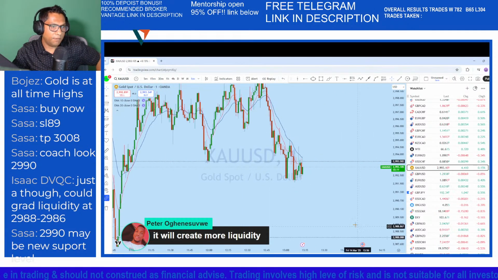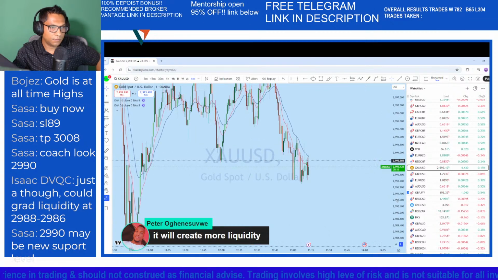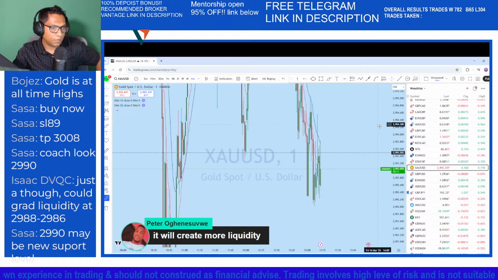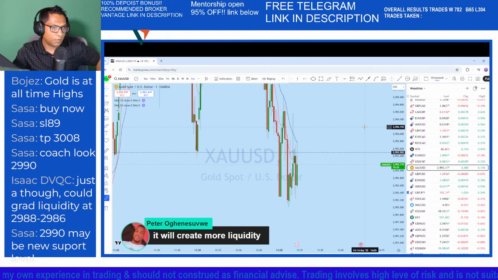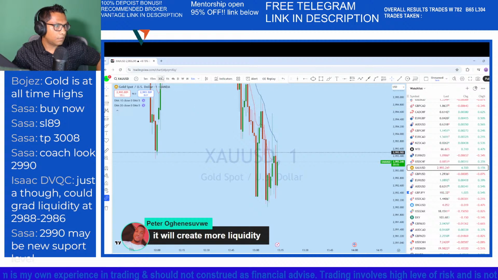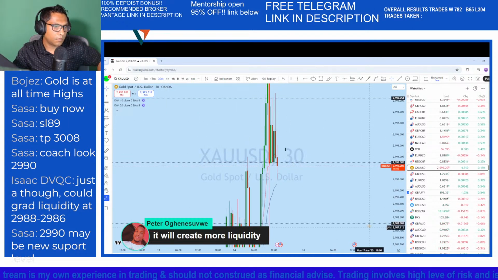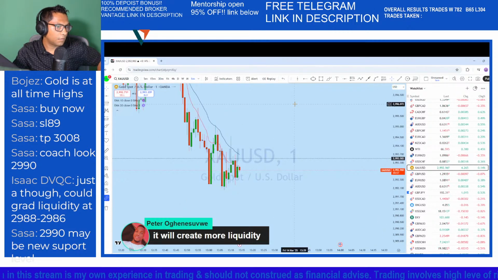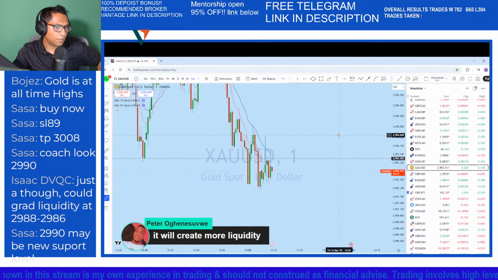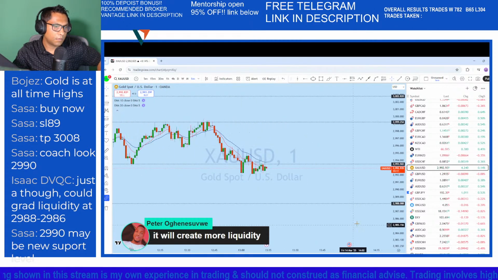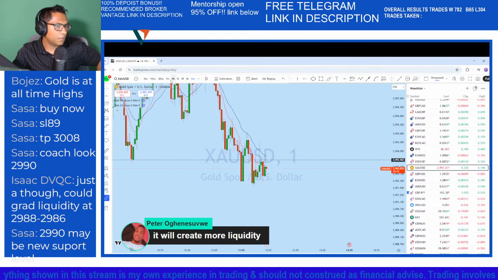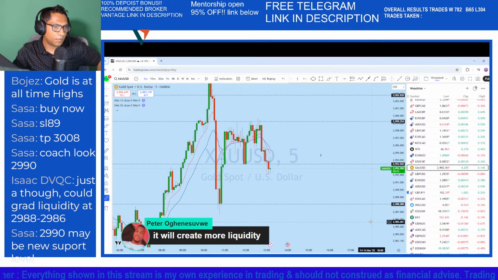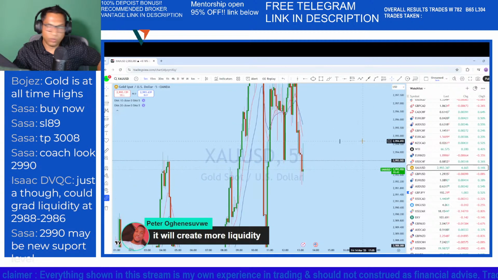Another wave of liquidity grab. So there is another doji formation here.